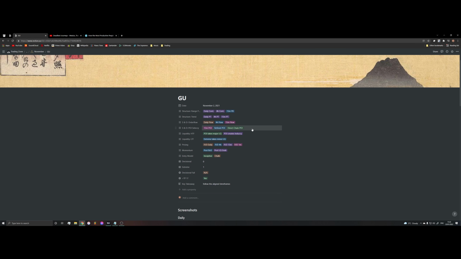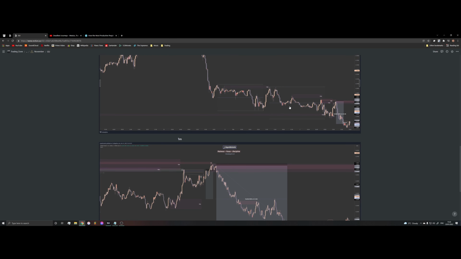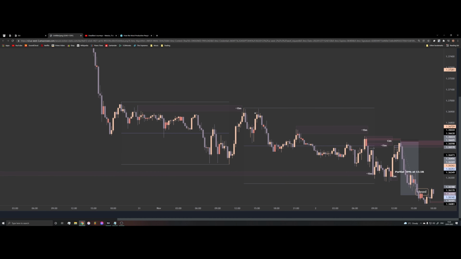Then direct chain POI, because we tap this supply, break this little low, supply chain, and then these wicks flip off this low here before we take it, so this interacts with this flip. And then the same thing again as here, these wicks flip off this little low here, and then this comes up and mitigates it here.